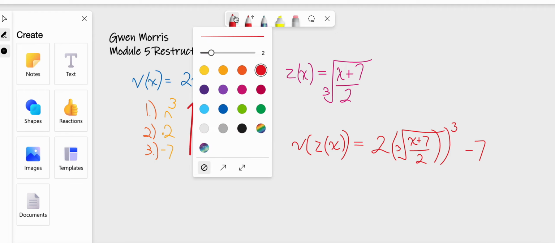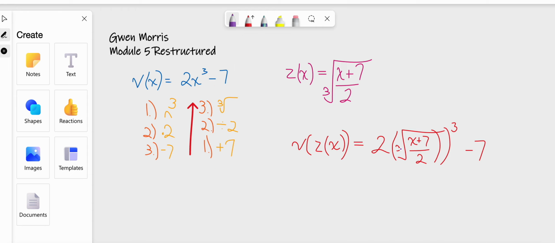It looked like a lot the first time I looked at this problem. The first thing I did was notice that I have to do my exponent here, but this is to the third power of this cube root.